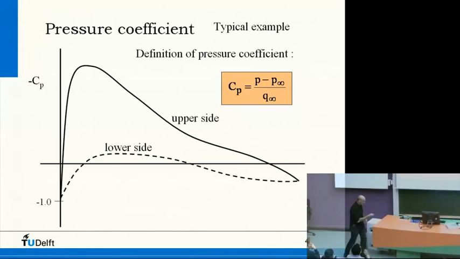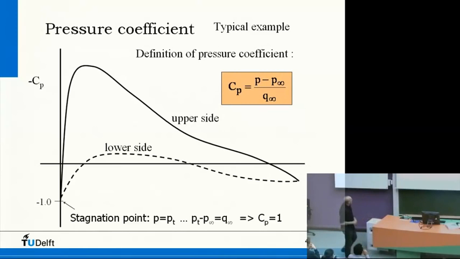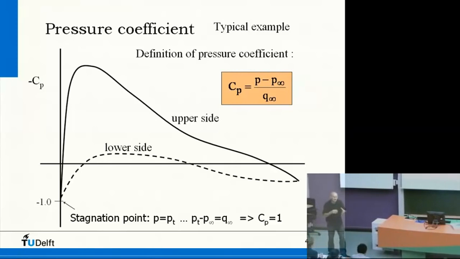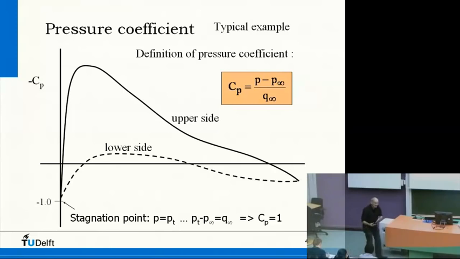Right? Okay. And if we look at this here, where the CP is 1, that of course is the stagnation point. Doesn't matter if it's compressible or incompressible, that is the point in the pressure distribution where we reach the total pressure, because the velocity here is 0. Right? So if we look at Bernoulli's law, P plus half rho V squared is constant. This constant is called the total pressure, PT.